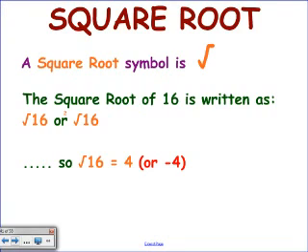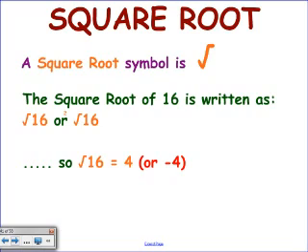Now, 10 minutes ago, we said, what was the square of minus 4? What happens to minus 4 when I square it? Good. So how do I know that the square root of positive 16 didn't come from my minus 4? You don't. You get marked down if you don't put the minus as well as the plus.